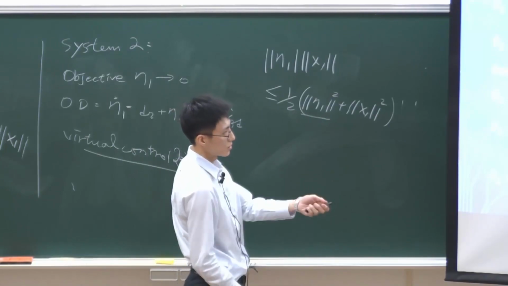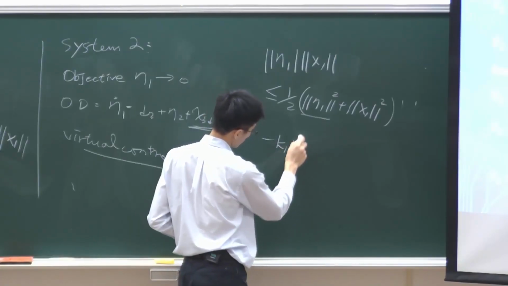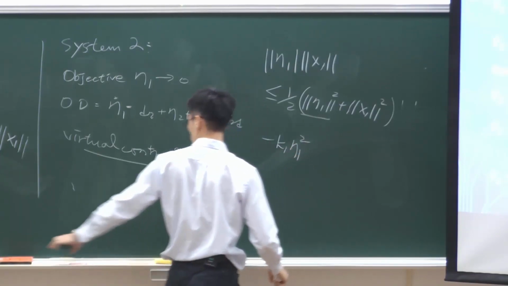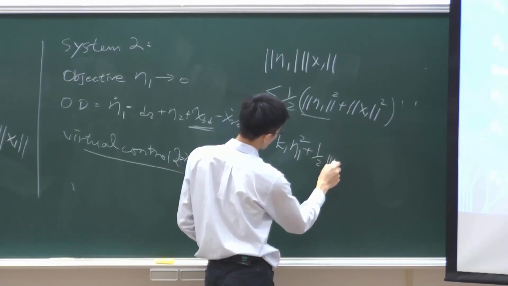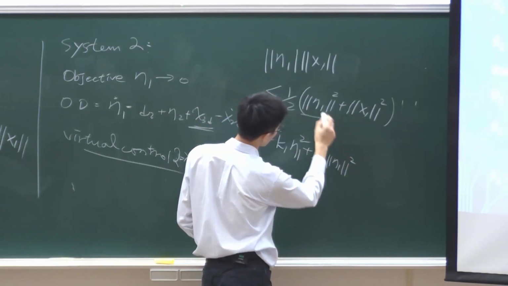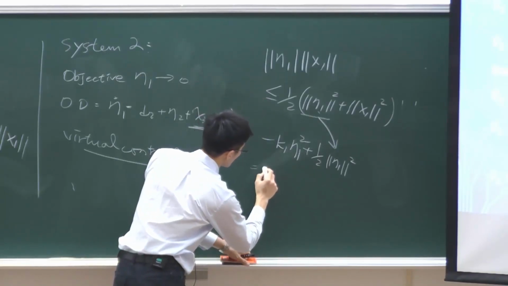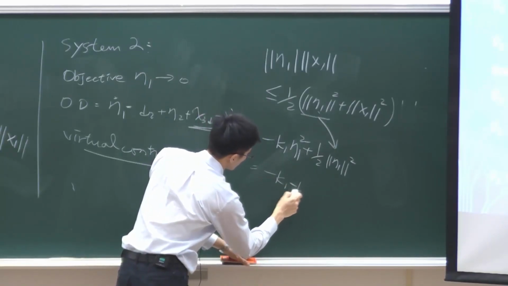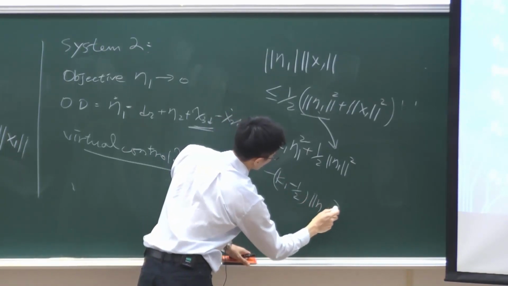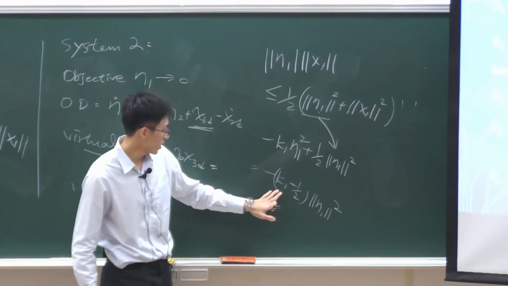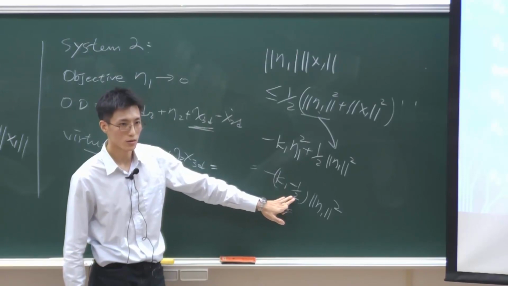And you can combine it with this feedback K1 term, K1 eta 1 squared. So the price to pay is you need to choose K1 greater than 1 over 2, right?